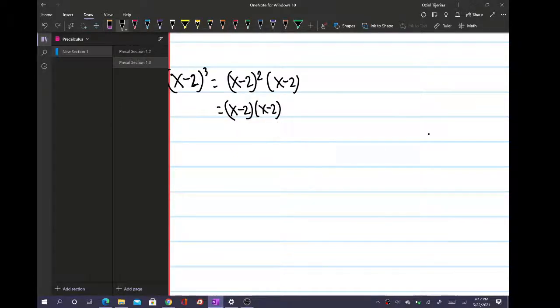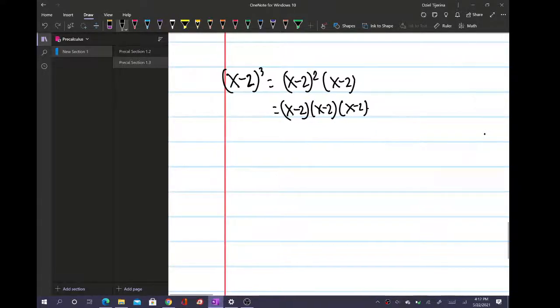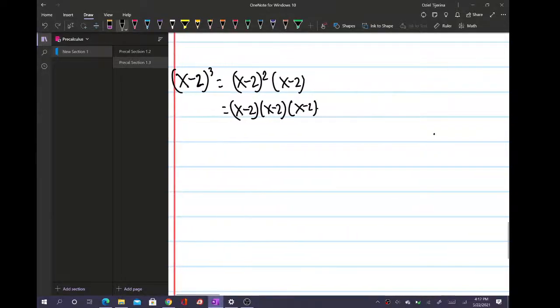Some professors do want you to use FOIL method. Others are okay with whatever you use. It is good to know how to do it using FOIL method, though. By doing it both ways, it's a lot better because you at least understand and you can know the difference between doing it by box method and by FOIL method.